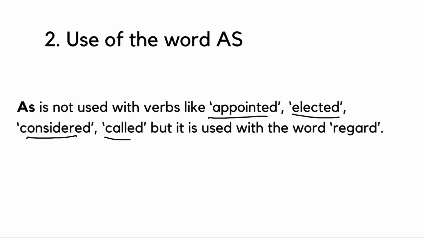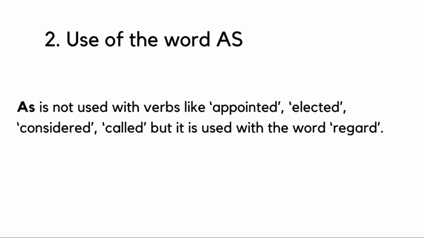All these fit properly in our everyday conversations, but they are not grammatically correct and we need to understand this. So as will never be used with appointed, elected, considered and called. But whenever we use the word regard, as will be used.